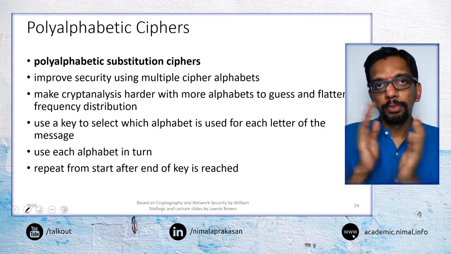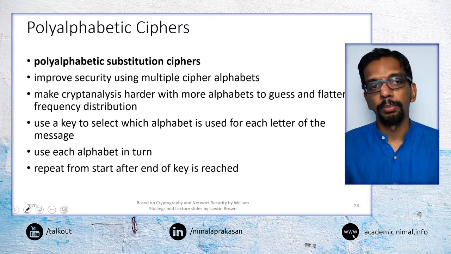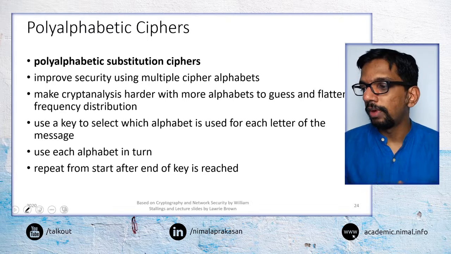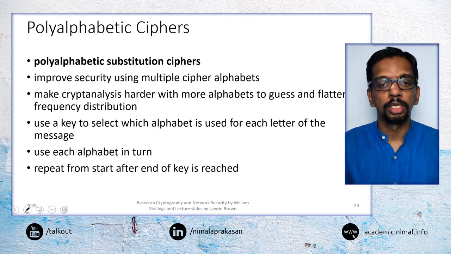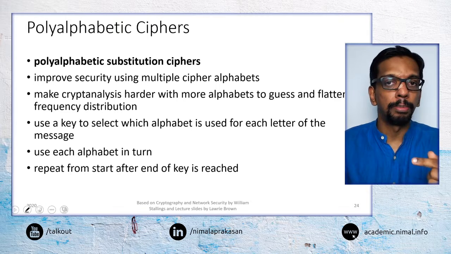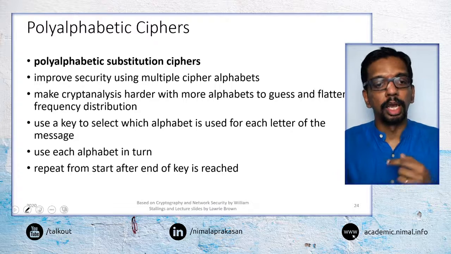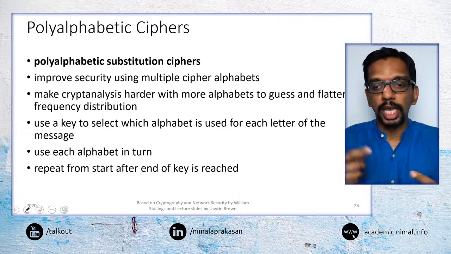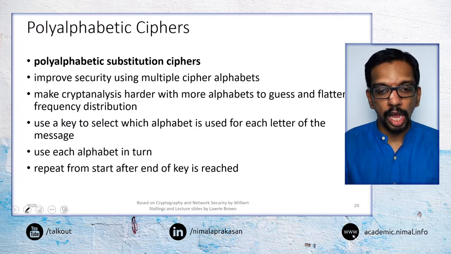Then going from there, another approach that was developed is what is called polyalphabetic ciphers. Here, to improve the security of previous ones, we are going to use multiple cipher alphabets. So it is going to again make frequency analysis much harder, guessing alphabets much harder.